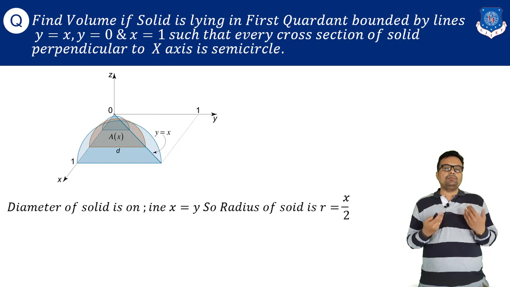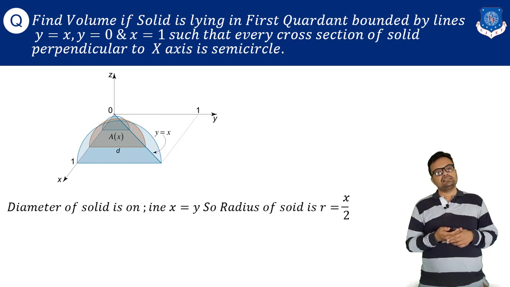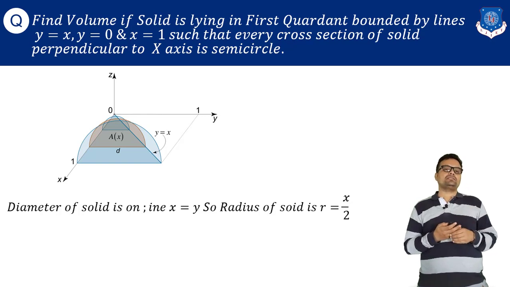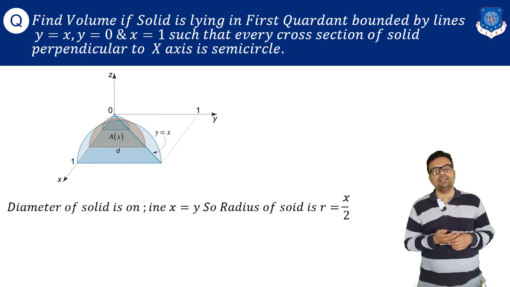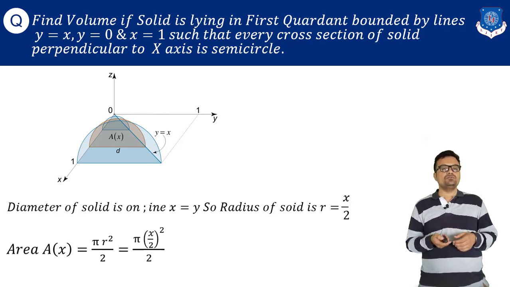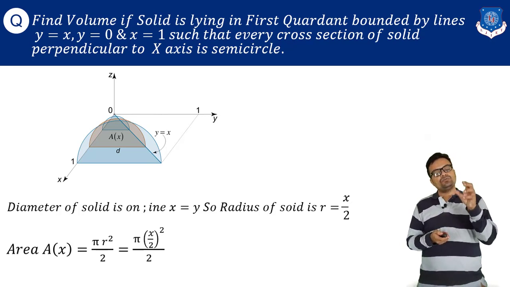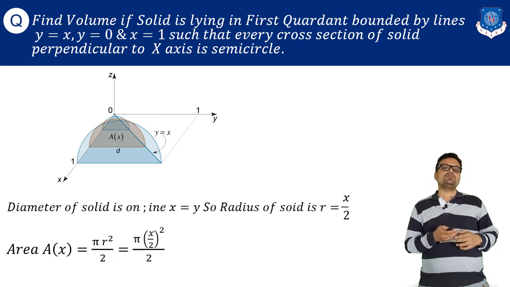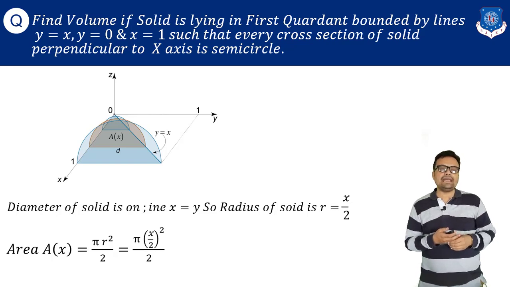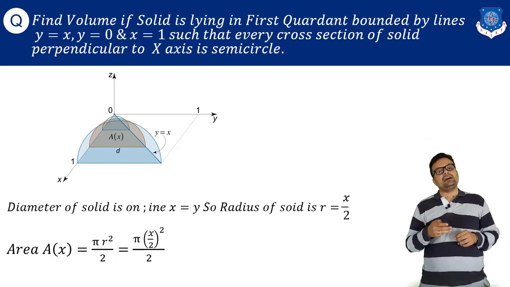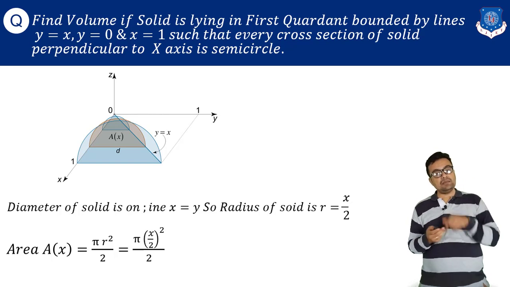So if I want to apply the formula for this, I need to find the diameter of the solid. It is on the line y equal to x. So the radius of this solid is r equal to x by 2. And the area of this particular section which is denoted by red color, A(x), is pi r square by 2, as it is a semicircle.